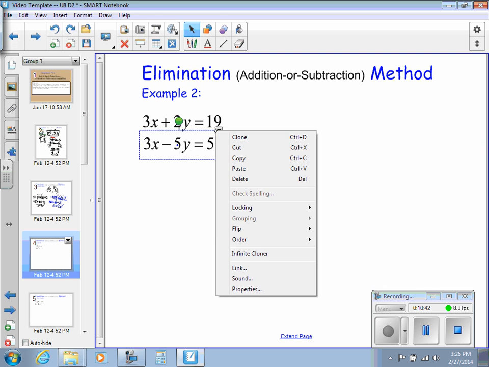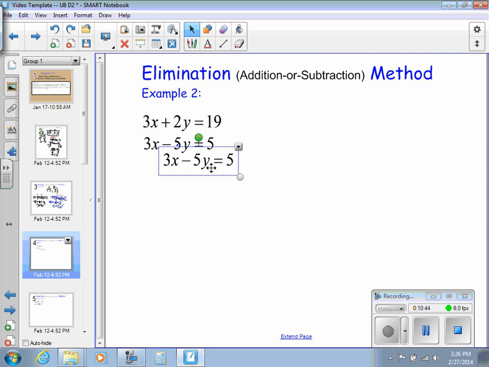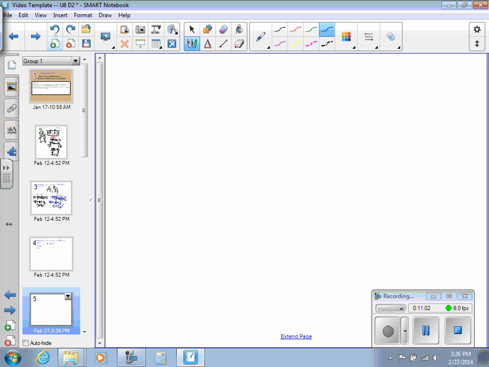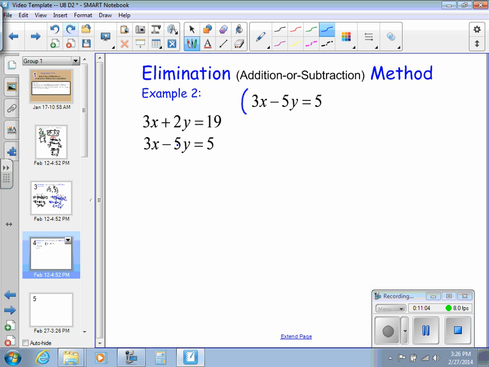To do that, let me clone this and move it over here. To do this, I'm going to take this equation. Actually, let's not worry about cloning it. Let me back up, and I'm just going to move it. Whoops. So I will. Okay. I'm going to have a negative 1 that I'm going to multiply it by.